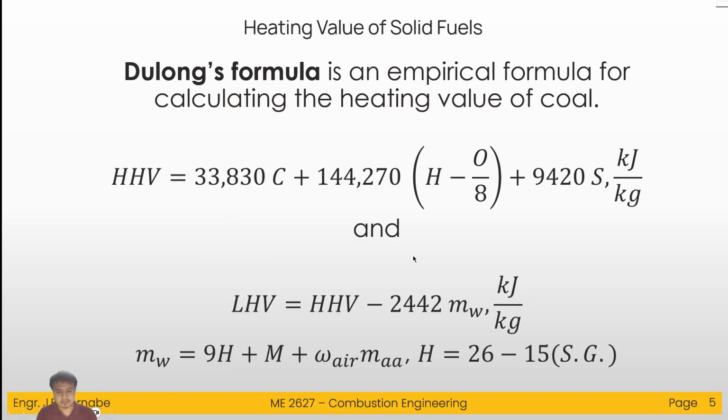As you may notice, the actual formula in some textbooks is different from this. I think this is 144212, and they have 9304, I believe, and then 33820.